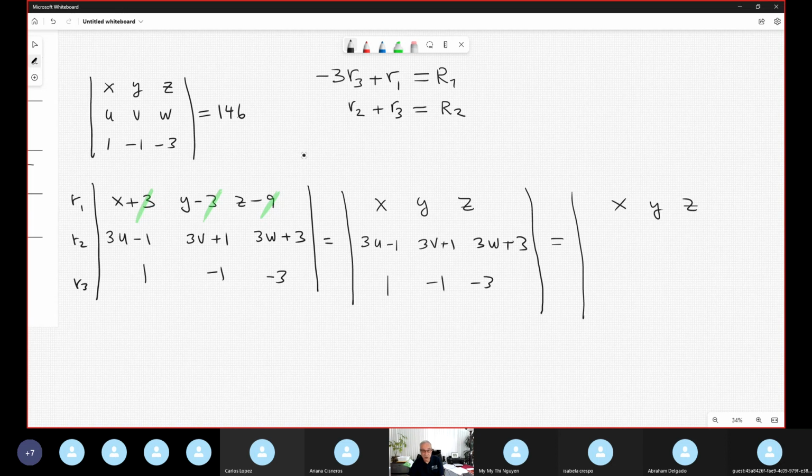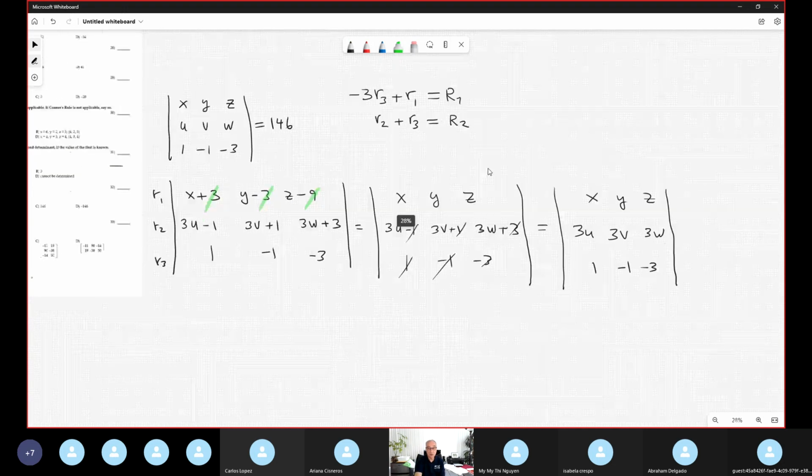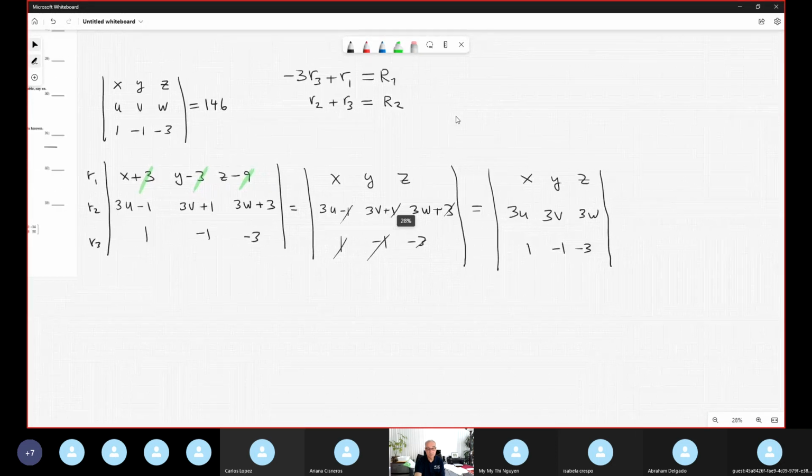But the second, you add this, cancel out negative 1, positive 1, positive 3 and negative 3, and stay only 3u, 3v, and 3w, and 1, negative 1, and negative 3. Do you see that?